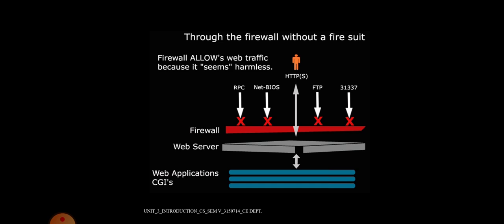Then network address translation is a functionality where hosts protected behind a firewall commonly have addresses in a private address range. This is all about firewalls.